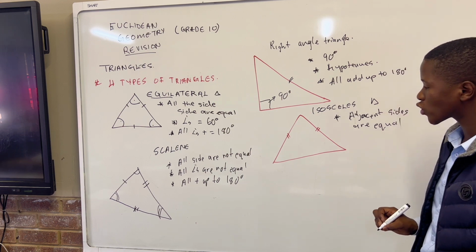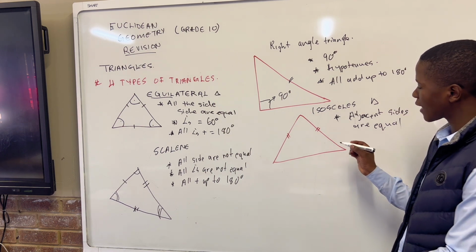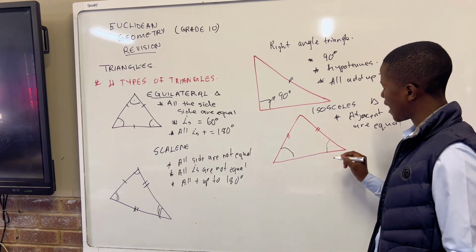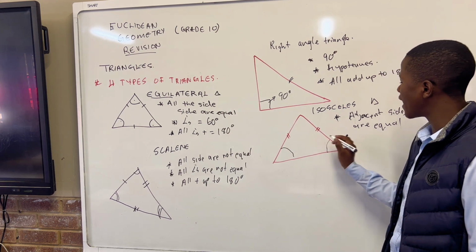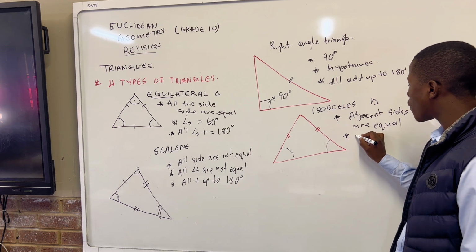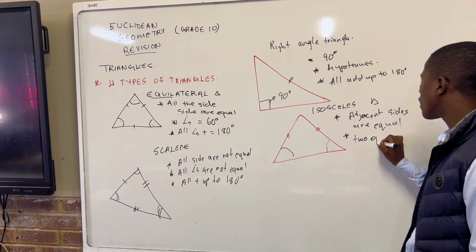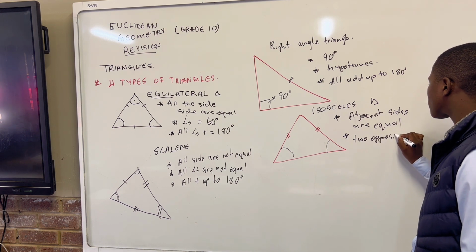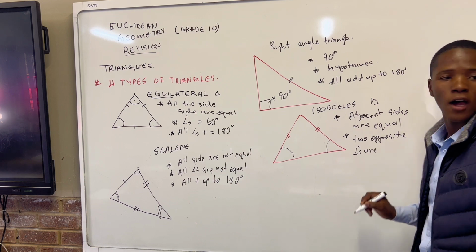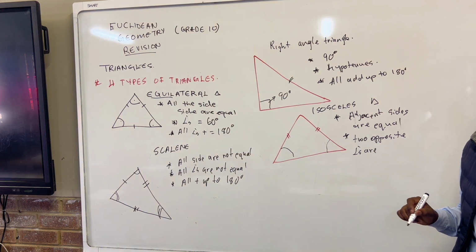One thing that you also need to take note of is that the angles subtended by those equal sides, the base angles of that particular triangle, are equal.